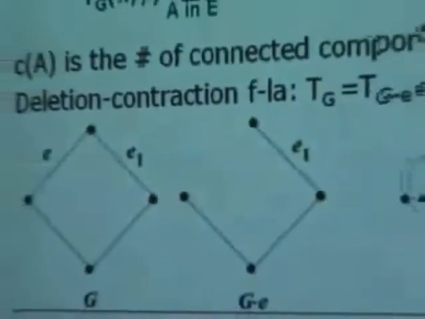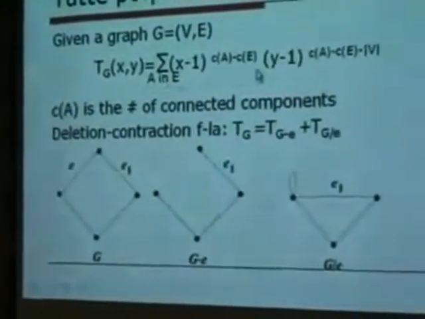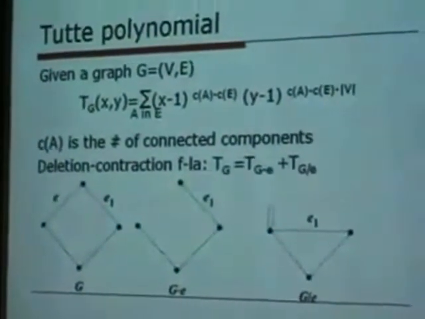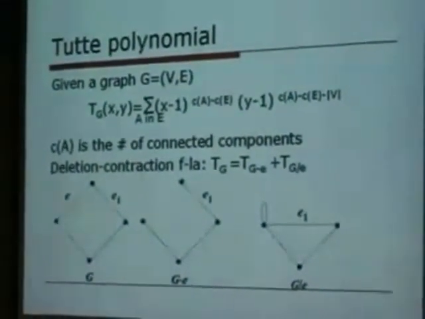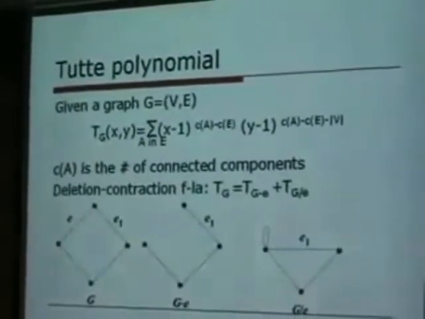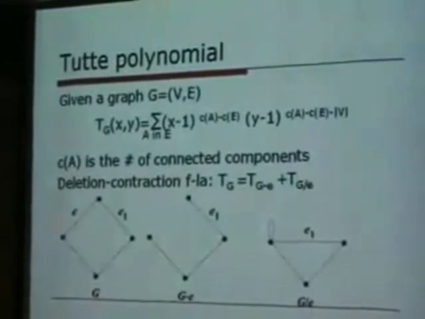Since I'm running out of time, let me just say that here's the definition of the Tutte polynomial. Given your graph, you take all possible subgraphs, then you count the number of connected components, and you plug it into this formula.